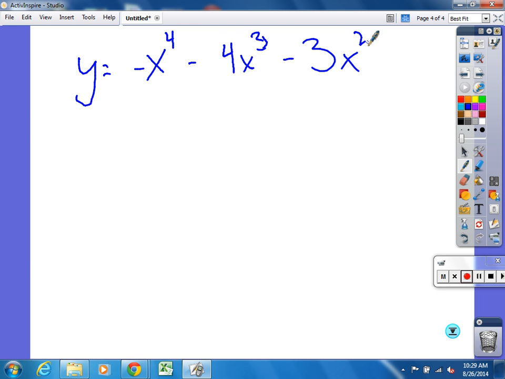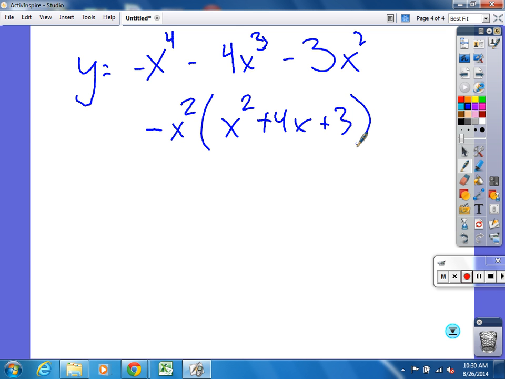X what? They also all have a negative. Let's pull that out. Does that make sense? Flip that over. Negative x squared plus 4x plus 3.